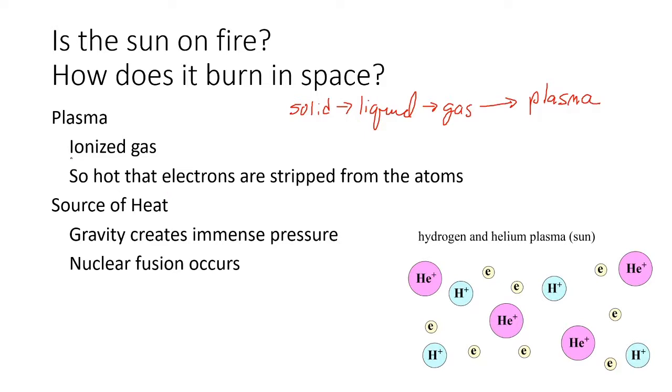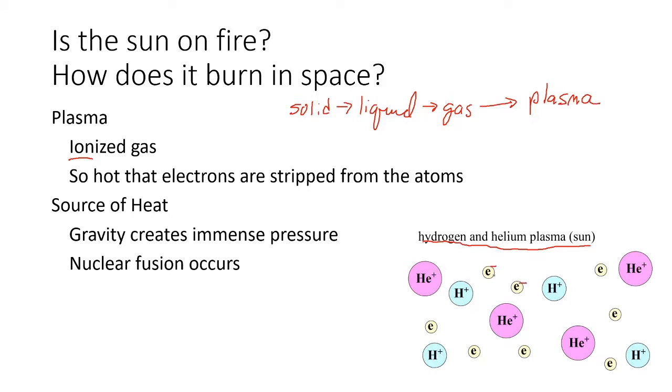Now, an ion is a charged atom or molecule. So what happens is the sun is so hot that the electrons are stripped from the atom. And I have a little picture down here. It's a hydrogen and helium plasma, which shows you what's going on in much of the sun. So the helium has lost some of its electrons, at least one of them.